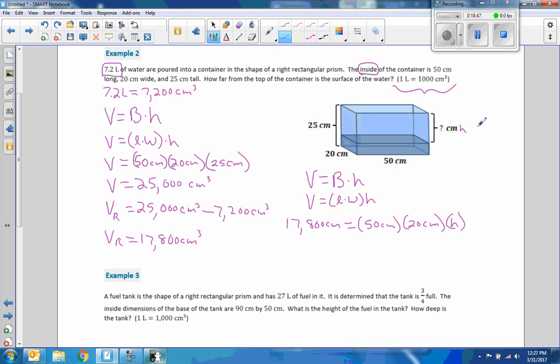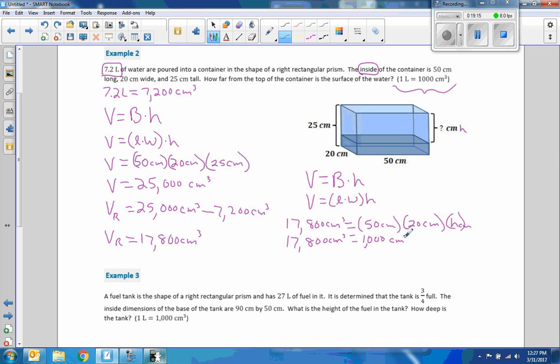I'm going to call that H. So when I solve for H here, I should get how much distance this is. So it's going to be 17,800 centimeters cubed equals 50 times 20, which is 1,000 centimeters, and this is H centimeters.